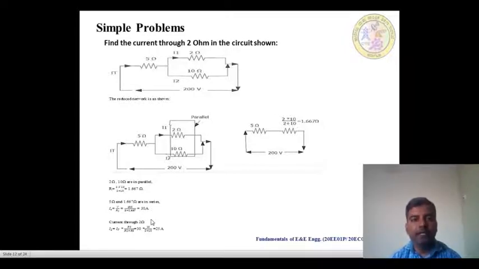Now we have to find the current flowing in the 2 ohms. For that we have I1 equals the total current into the resistance of the other branch divided by the total resistance, that is 30 into 10 divided by 2 plus 10, so we get 25 amps. So 25 amps is the current flowing in the 2 ohm resistor.